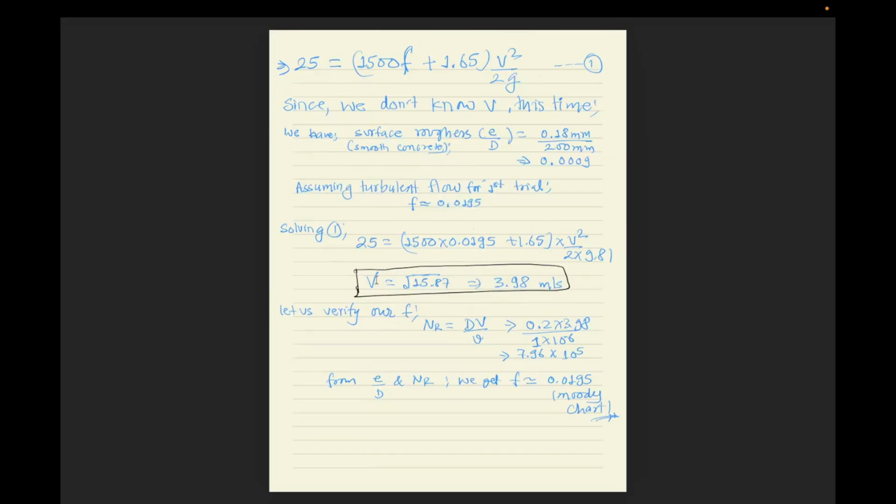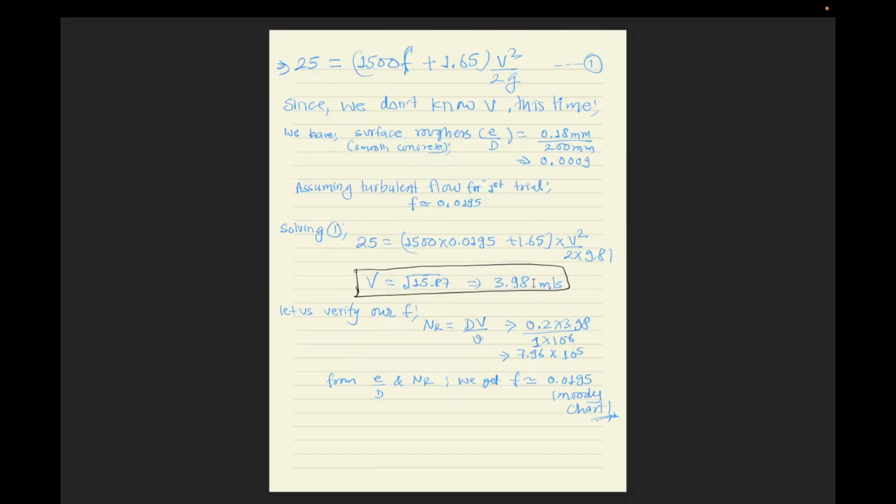will have a velocity of 3.98 meter per second. Since we have V, we can verify whether our friction factor value matches the one computed from the Moody diagram. From the Reynolds number, we have diameter times velocity divided by kinematic viscosity.